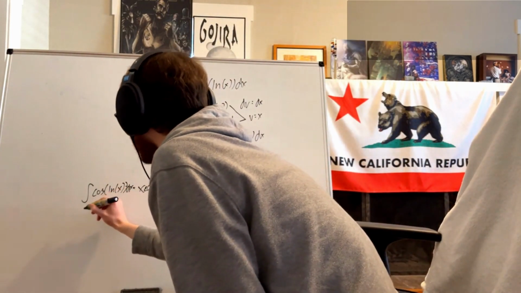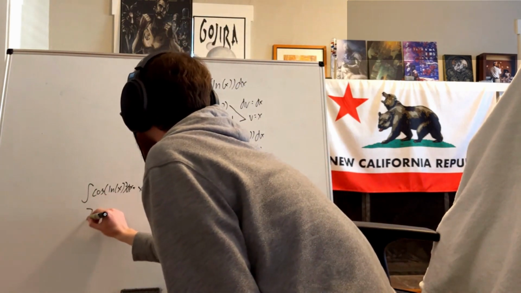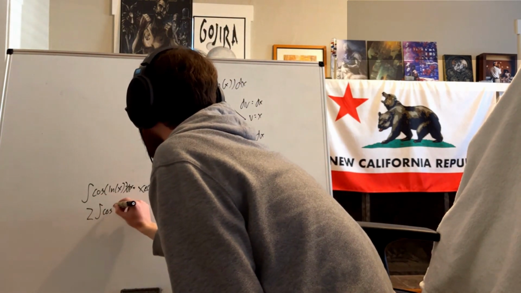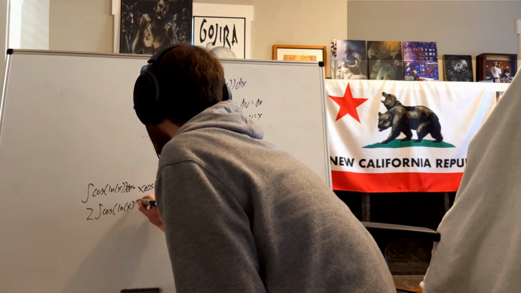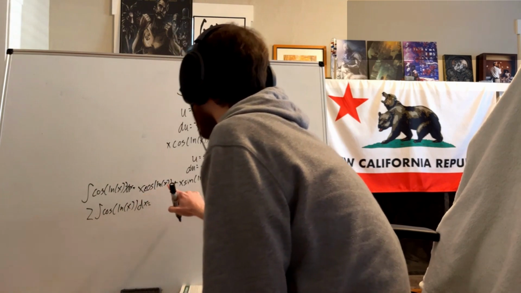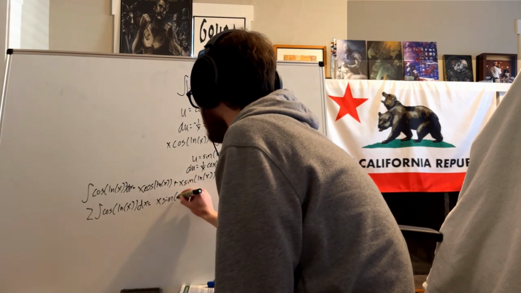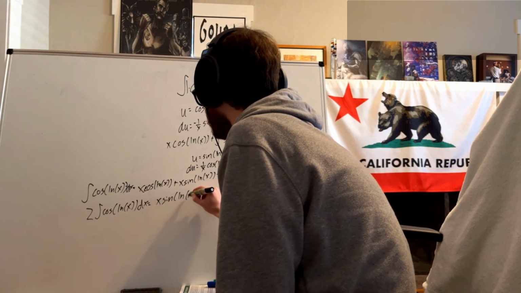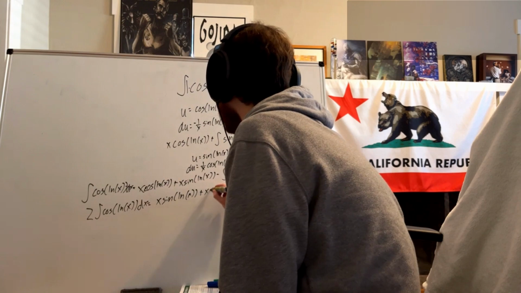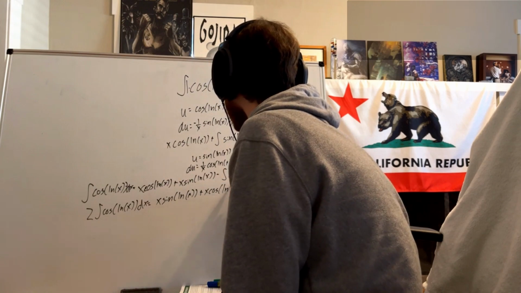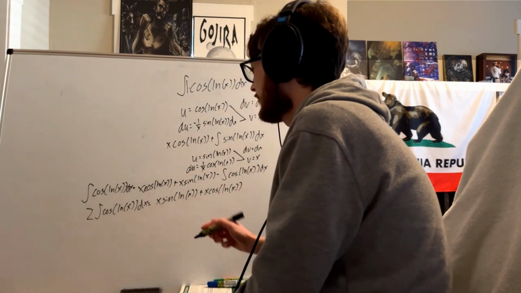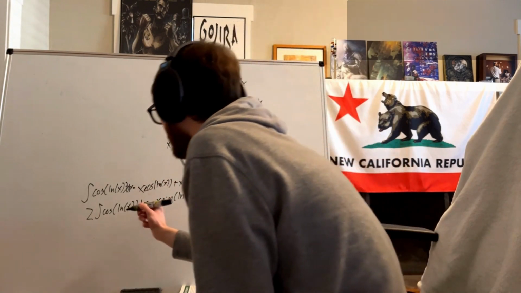So we're going to add it to each side. We get 2 times the integral of cosine ln x dx. I'm going to switch these around because I like to write sine first. It doesn't actually matter. And now just one more step to solve for the integral, and that's dividing each side by 2.